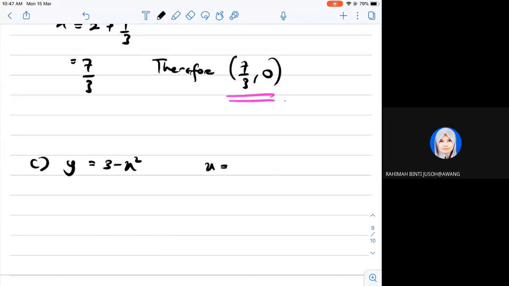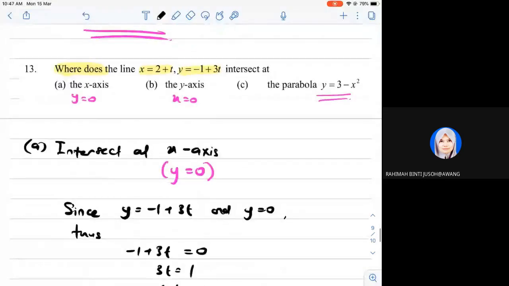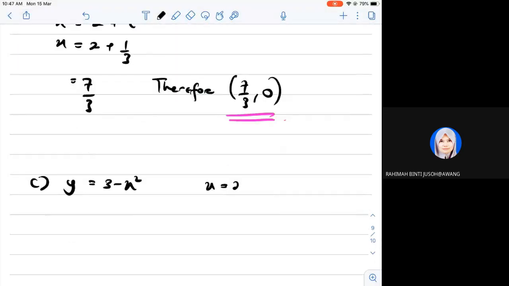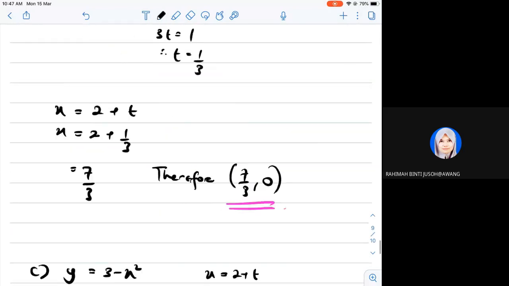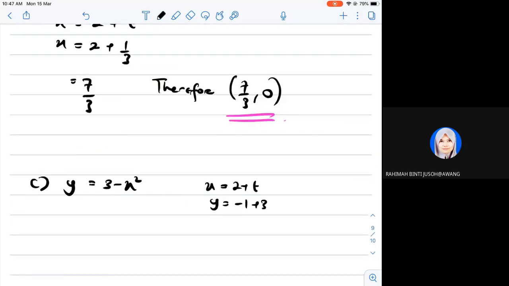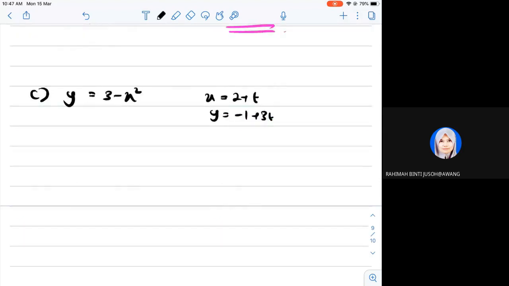You have x equals 2 plus t and y equals negative 1 plus 3t. So you have to substitute both of these into this parabola equation. So we will have negative 1 plus 3t, equate this with 3 minus (2 plus t) squared, like this.